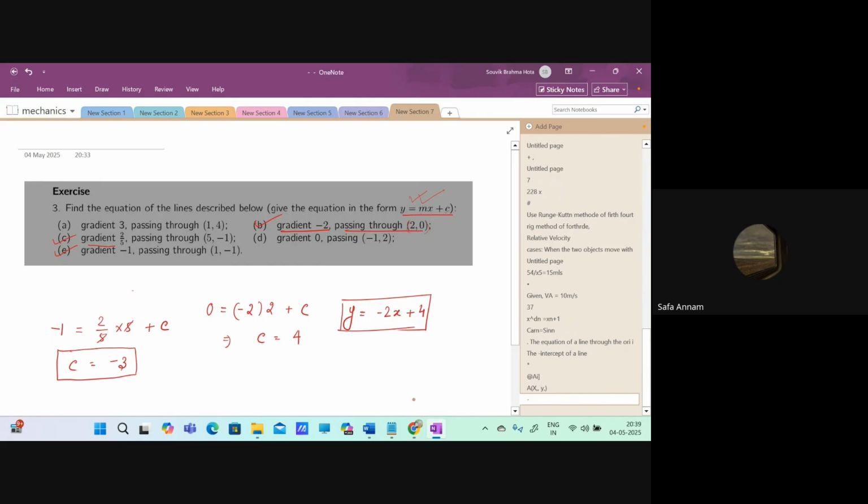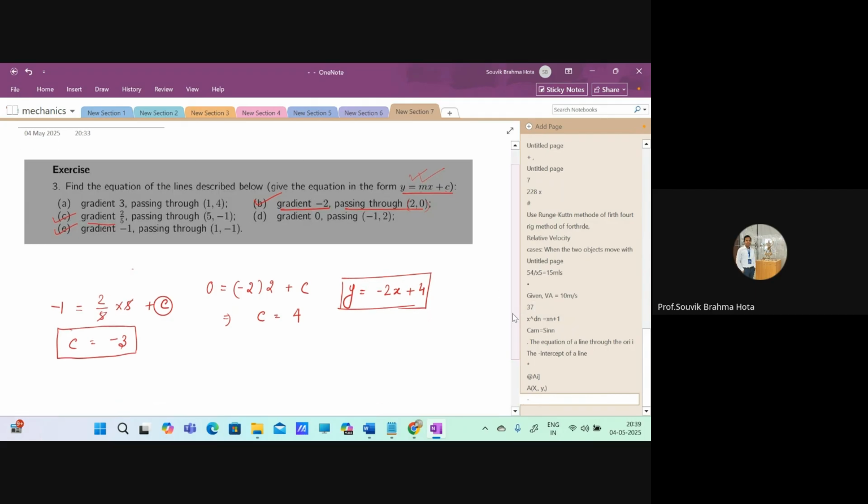Sir, but c is 2 plus 1. No, you just keep c over here. If you want to make c the subject on that side, then it will be minus 1 minus 2. So minus 3 only. So minus 3 is c. Therefore your answer was partially correct: y is 2 by 5x minus 3. Correct. Yes.